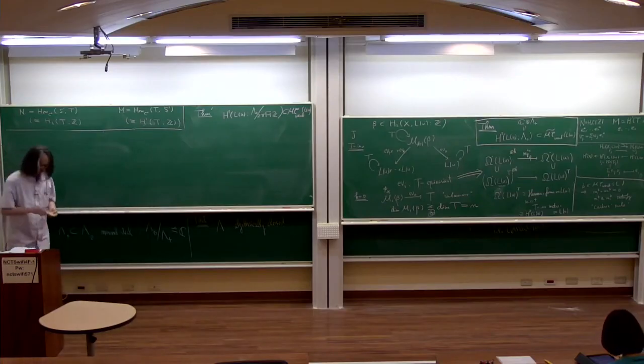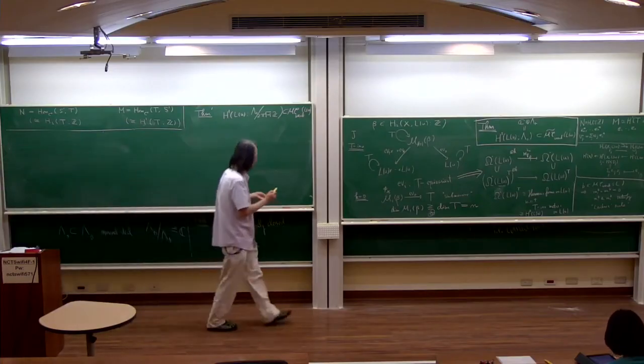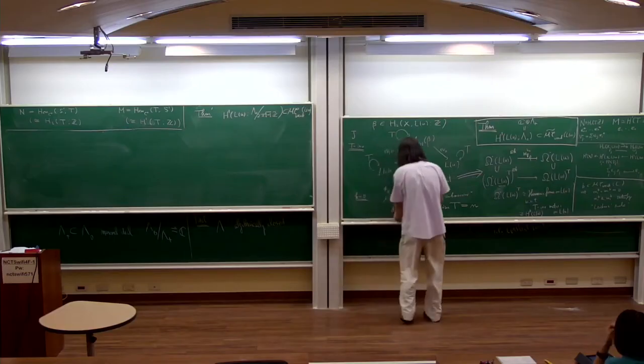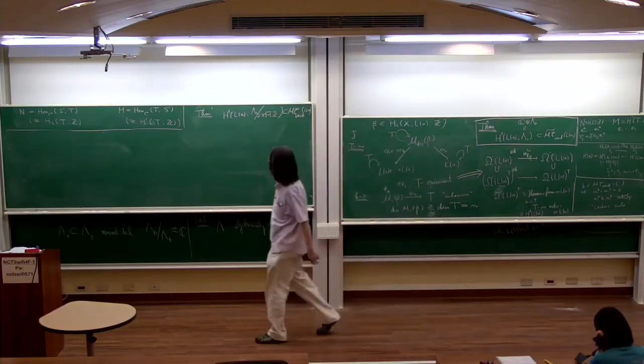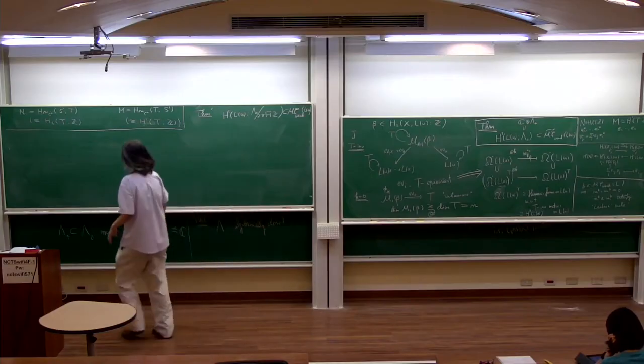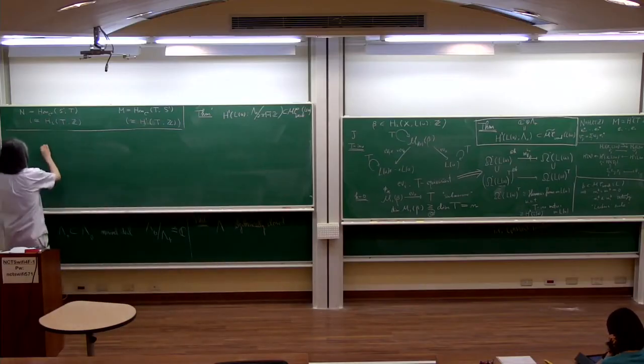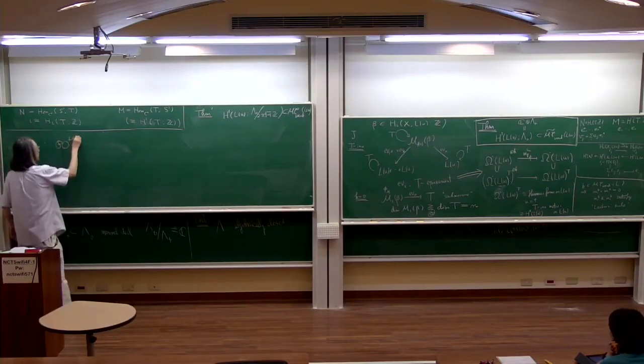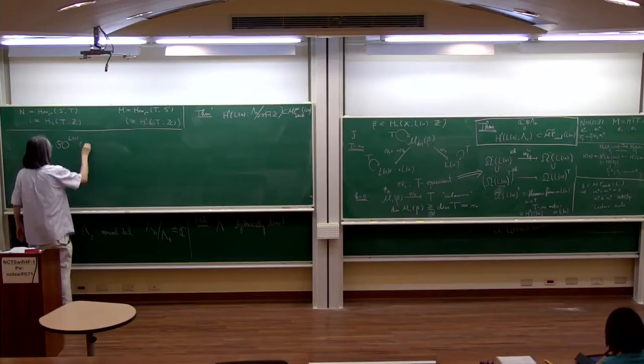So before really discussing some examples, I just want to tell you the general story a little bit more. So the potential function of this L_U is this.